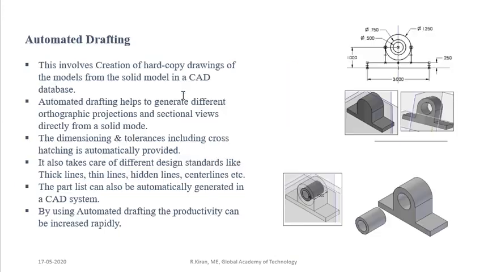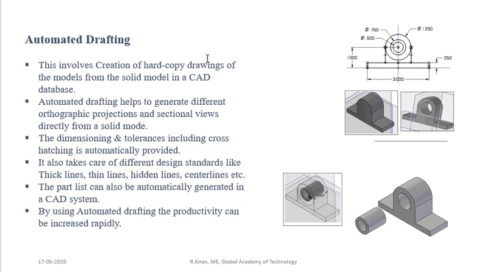And the last one is automated drafting. That means once the model has been created and subjected to analysis, it finally has to be projected in the form of a drawing. Automated drafting helps to generate the different orthographic projections, and it gives you the sectional views directly from the solid model.